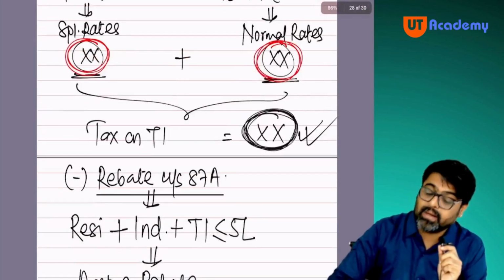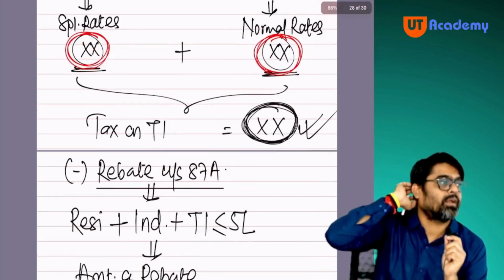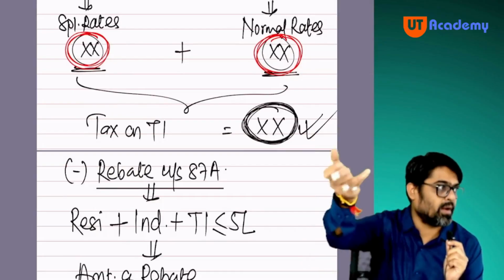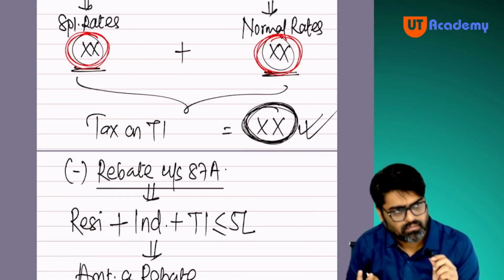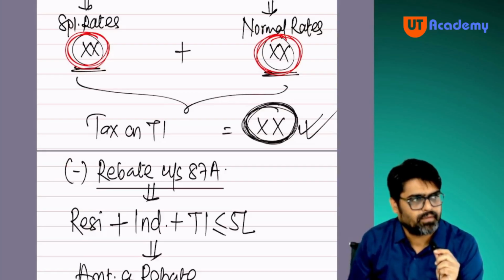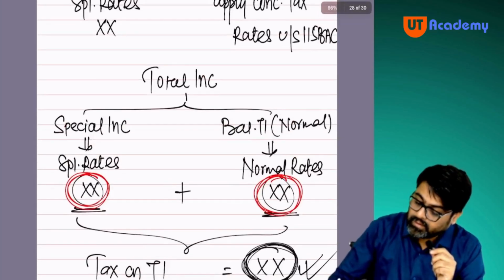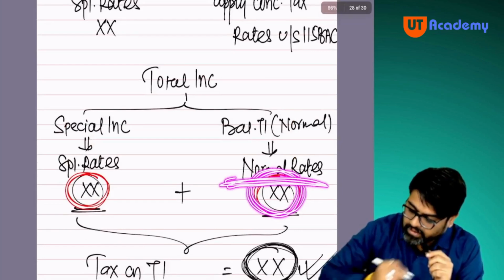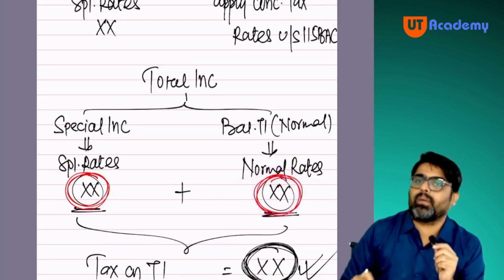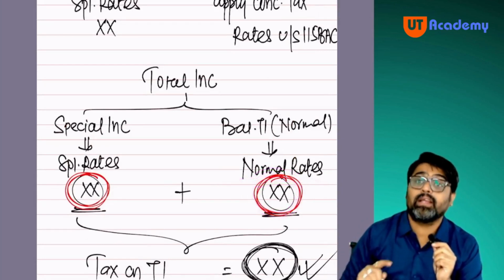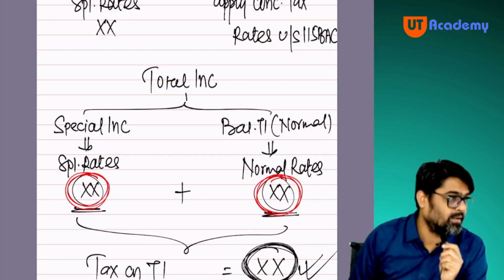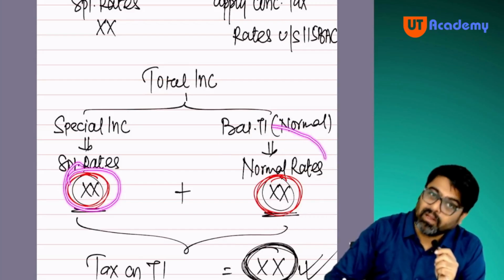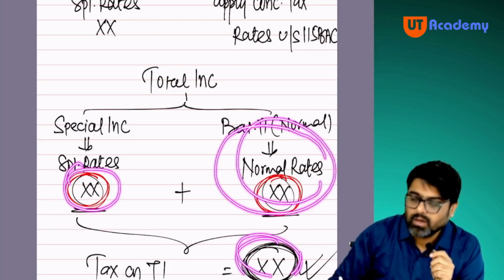Okay? Now pay attention. What if the company is a foreign company? Other than a domestic company, a foreign company. So for foreign companies, is the rate the same or is it different? For foreign companies, the normal tax rate applicable here is not 25%, is not 30%. It is 35%. It is special tax plus 35% tax on total income.